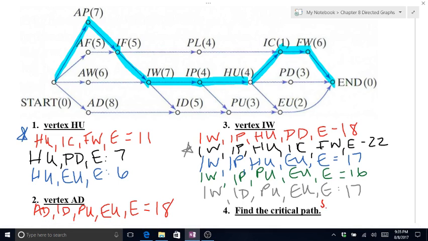So it's start, AP, IF, IW, IP, HU, IC, FW, and that's a total of 34.